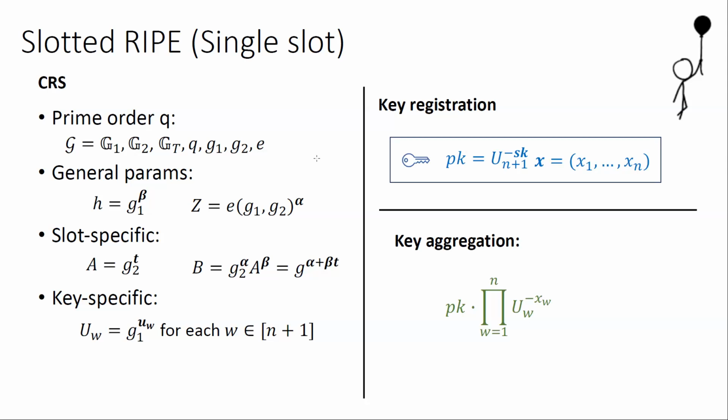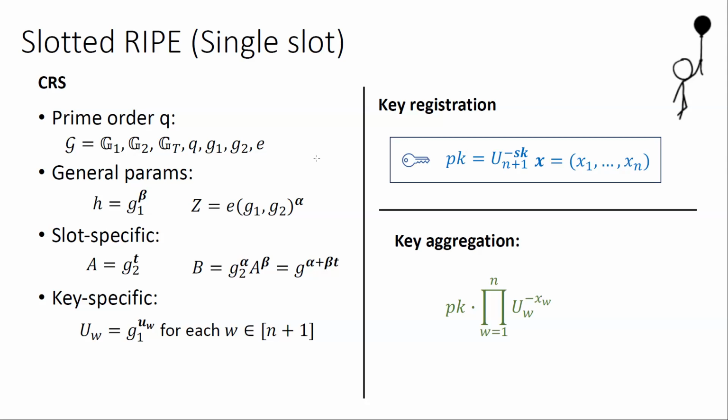The trusted part, the key curator, upon generating the CRS will first of all generate all the parameters for the prime order group and the pairings. Then as general parameters, we also have a value h, which is the group G1 raised to a random beta, and then the pairing raised to a random alpha.